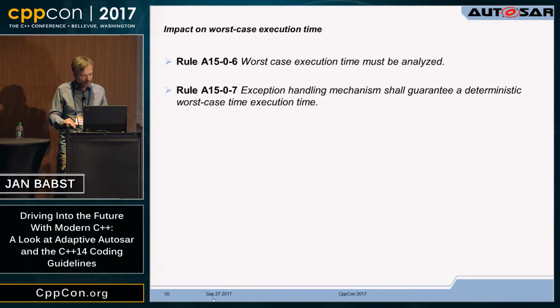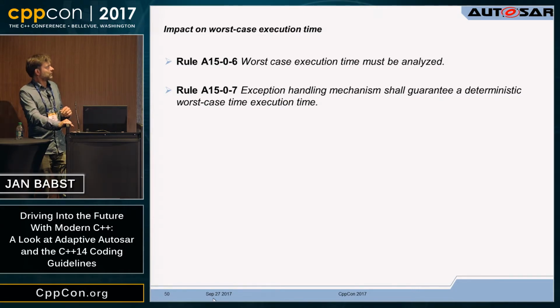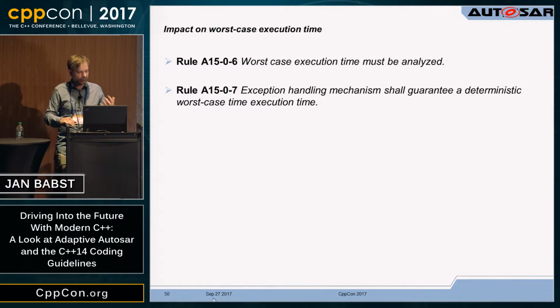You may find that exception handling or throwing an exception involves a memory allocation, and you may find that this is not usually the factor which causes a lot of runtime normally, but it could cause nondeterministic behavior. So you may change the memory allocation strategy. So all kinds of things you can do. The guidelines would say you have to analyze this and make a statement about this.